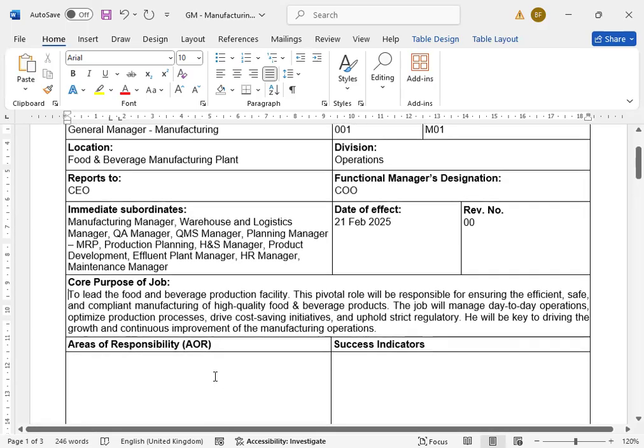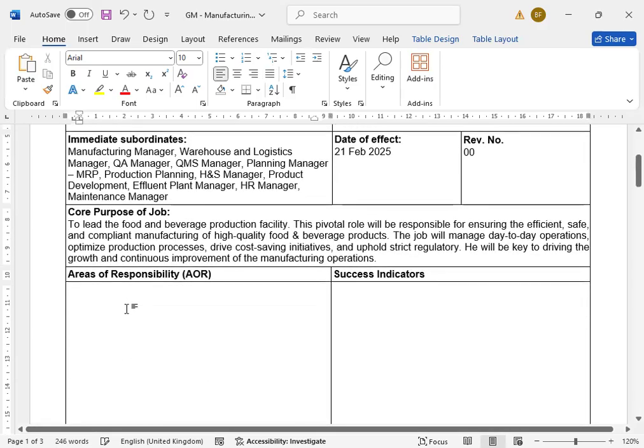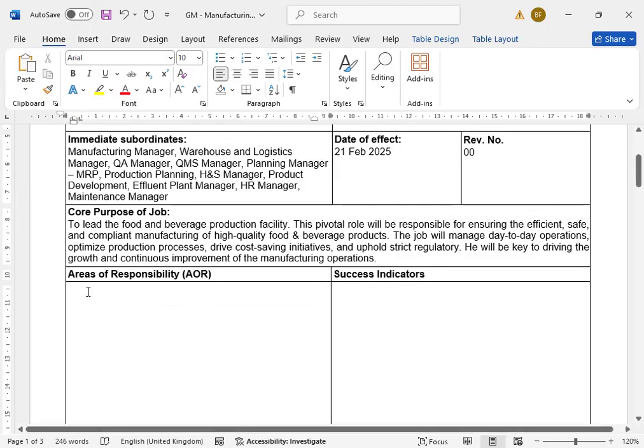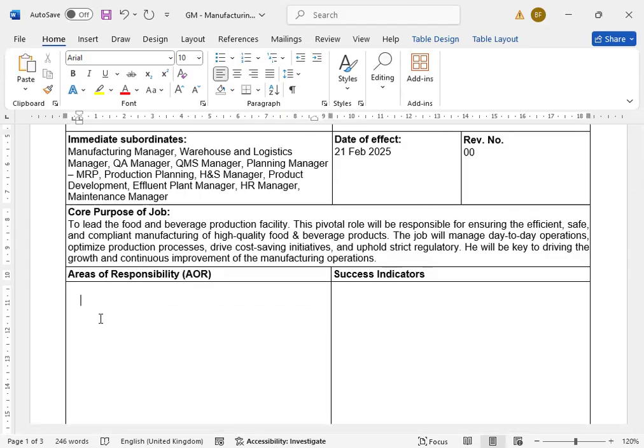Now, what I'm going to do next is the area of responsibility. This is the key responsibility of the person. I'm going to write at least six AOR or areas of responsibility.